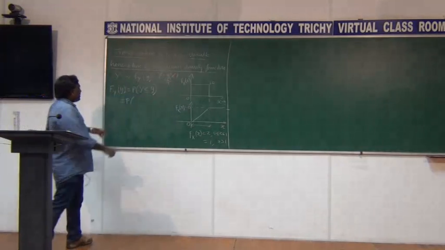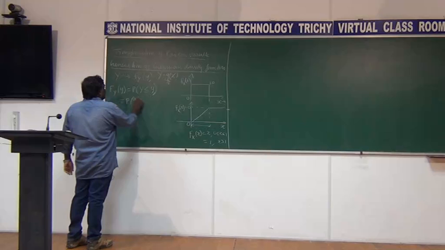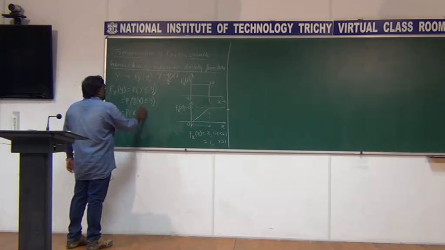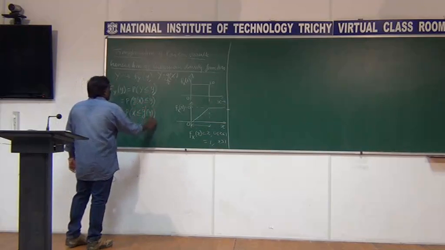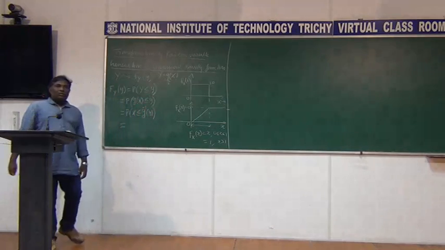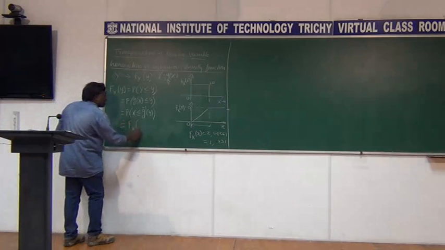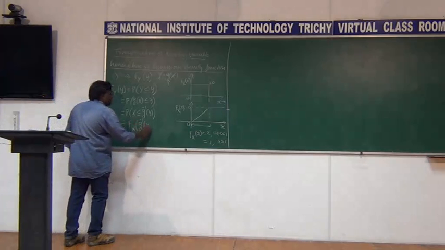So I replace it here as probability of g of x less than or equal to y. This is equal to the probability of x less than or equal to g inverse of y. This is nothing but F_X of g inverse of y here.